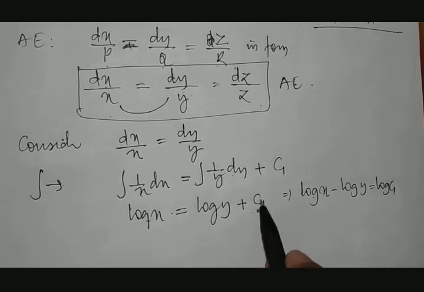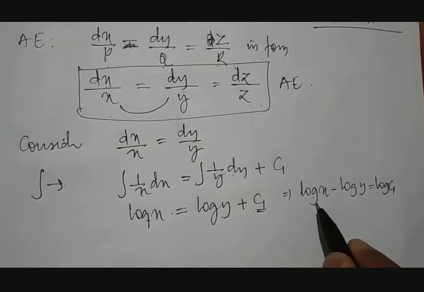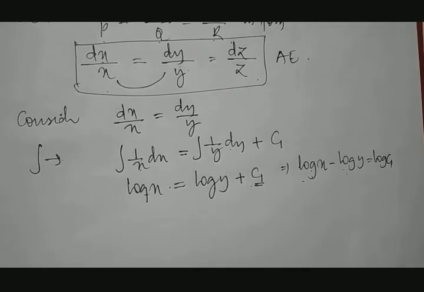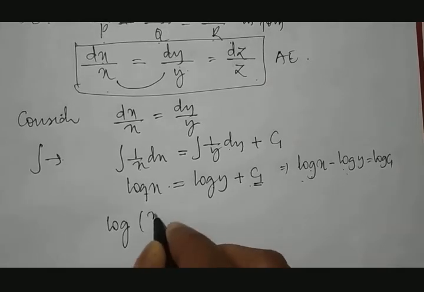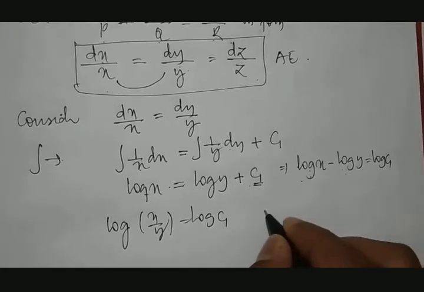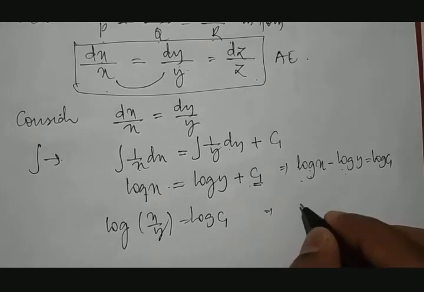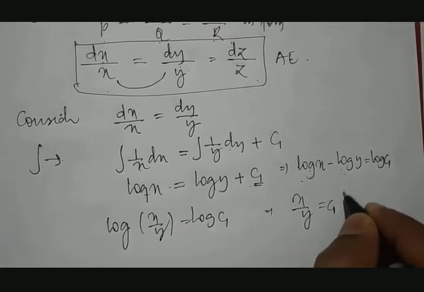Anyhow, it is a constant, so it is a logarithm constant. Again, it will be a constant only. If you use the logarithm property, that is log a minus log b is equal to log a divided by b, then it is log of x divided by y is equal to log c1. Since logarithm is on both sides, it gets balanced. Therefore, we get the result x divided by y is equal to c1.